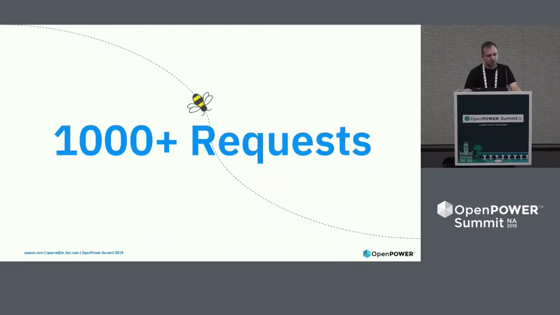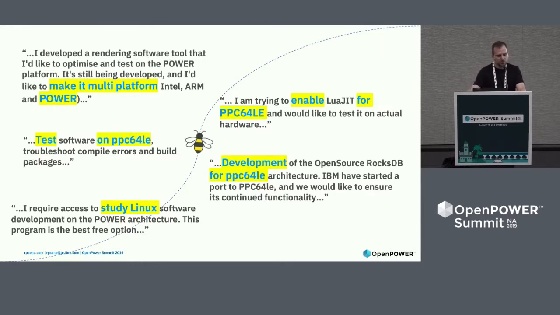So since 2014, we have more than 1,000 requests, which is considered a good number for a mini cloud. And we continue growing. So those requests, usually people do all sorts of things like make software multi-platform, enable software on Power somehow, study Linux, and that's important.